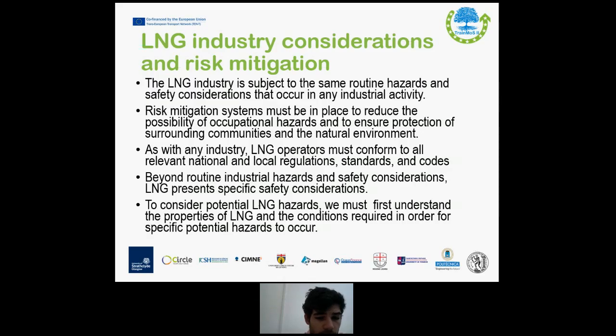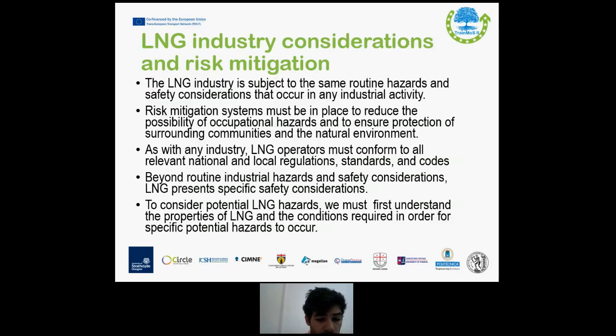As with any industry, LNG operators must conform to all relevant national and local regulations, standards, and codes. Beyond routine industrial hazards and safety considerations, LNG presents specific safety considerations.